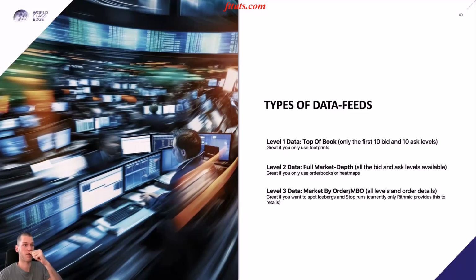And with level 3 data or MBO data, you can spot those icebergs or stop runs. Currently, the only provider that offers this to retail is Rithmic. Of course, institutions have other options, but we are not institutional. We are retail, but that's the logic behind that. So you see where the orders are coming from.